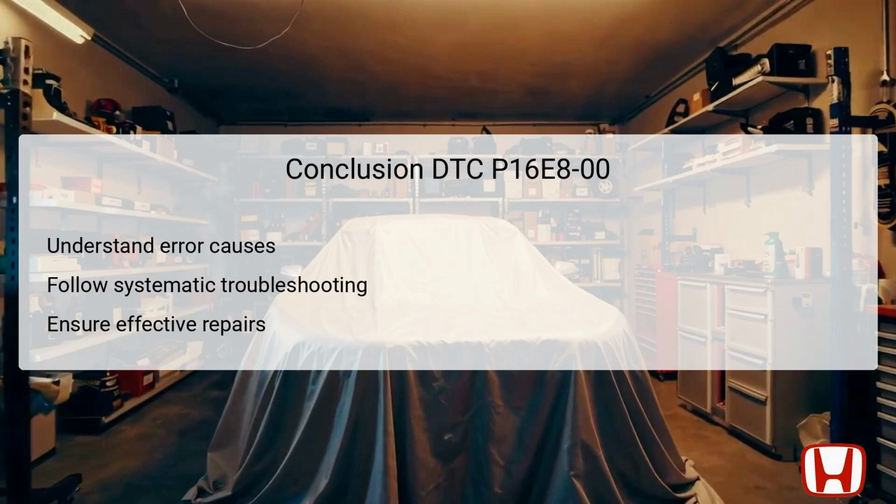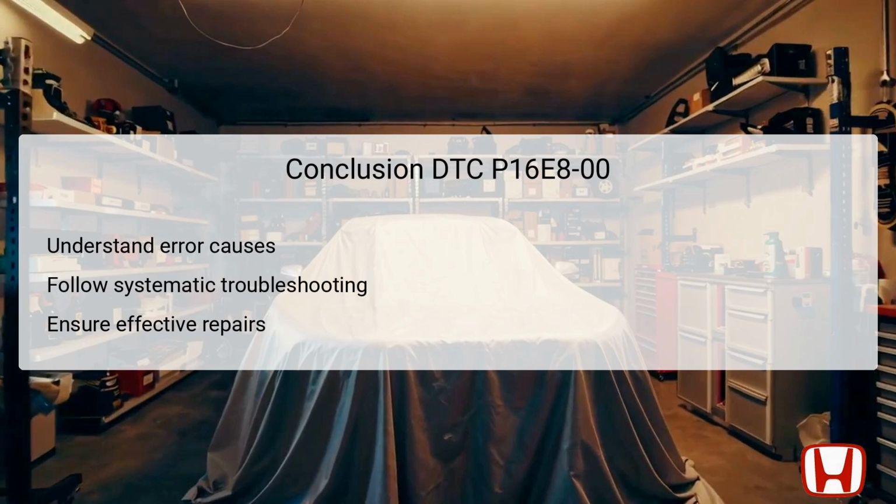In conclusion, the P16E8-00 error code in the Honda CR-V 2023 and newer models reflects a critical communication issue between the PCM and the shutter grille. Understanding the causes of this error, such as wiring issues or component failures, is essential in addressing the problem effectively.